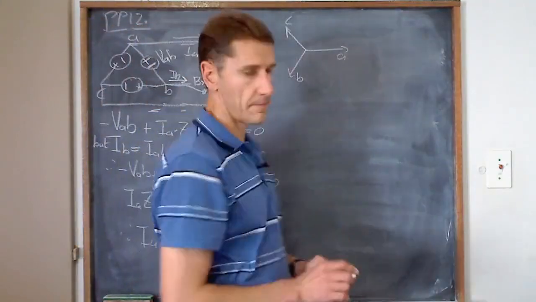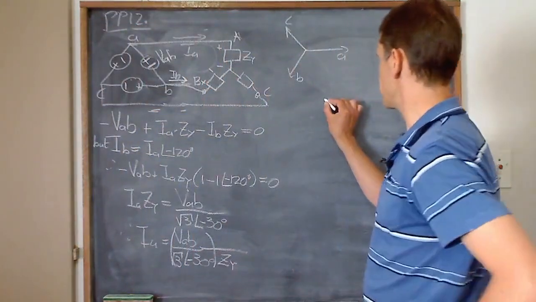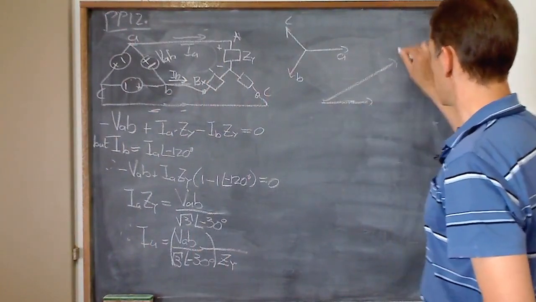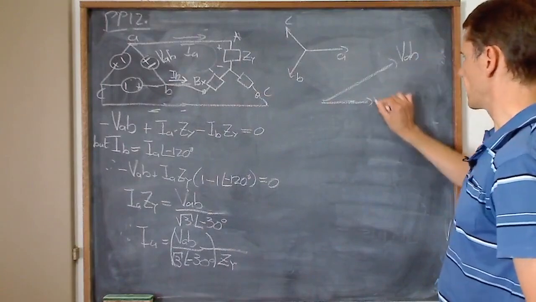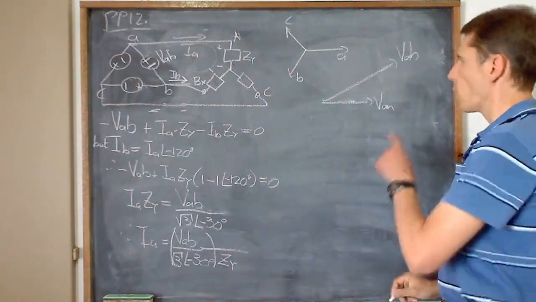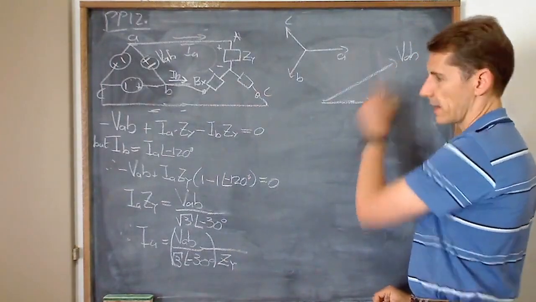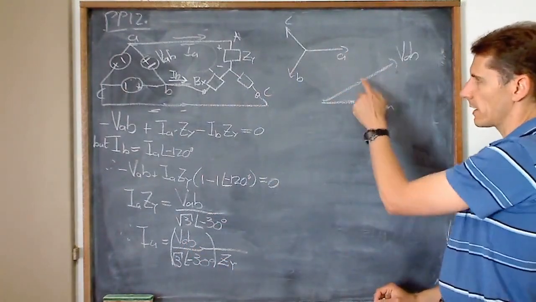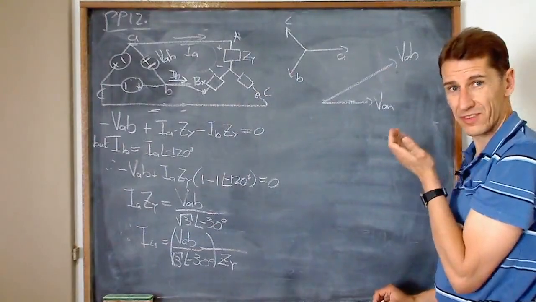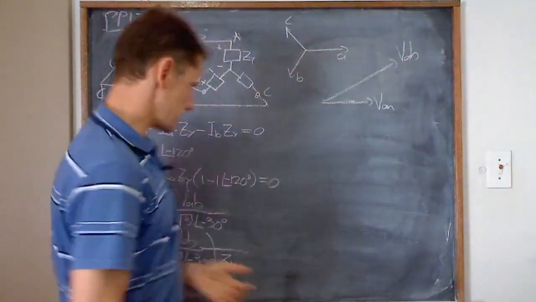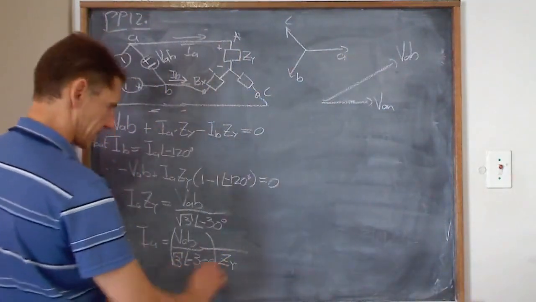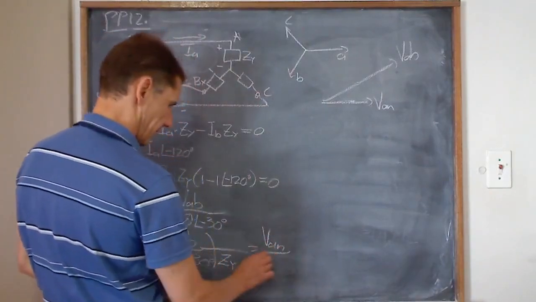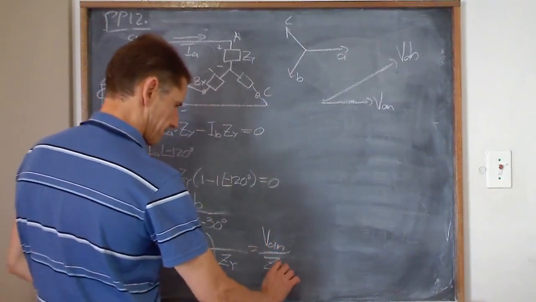Let's go back to that first vector diagram that we did. We had VAB, VAN. What do I get if I take VAB, divide it by root 3, make it smaller, and subtract 30 degrees? You end up with VAN. So what is this equation? This equation is nothing but VAN divided by ZY.